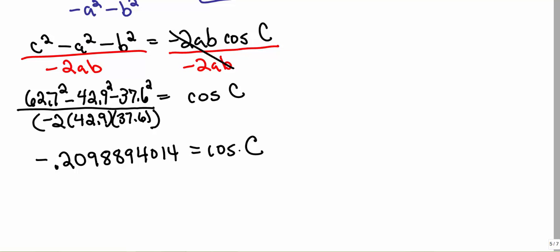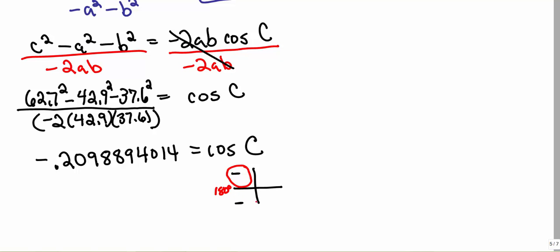So the cosine value is negative. We're going to think about where cosine is negative. Cosine is negative in quadrant 2 and quadrant 3. Do I want to even try to find the angle from quadrant 3? And the answer is no. So we're only going to find the angle in quadrant 2.